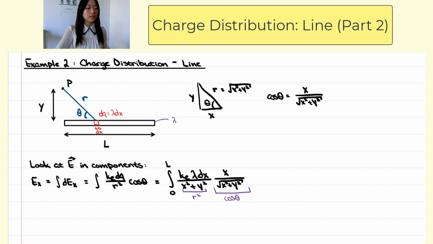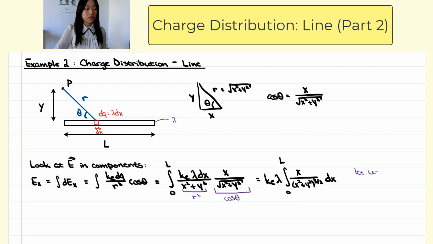We can pull out the constant. We have Coulomb's constant and the line density, lambda, times the integral of x over x squared plus y squared to the power of 3 over 2 dx from 0 to L. This integral is similar to example 1. We use u substitution.